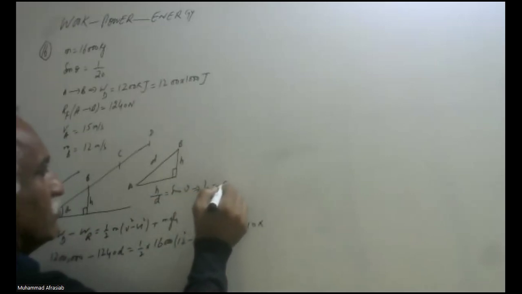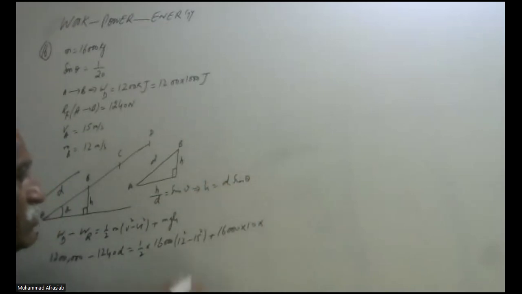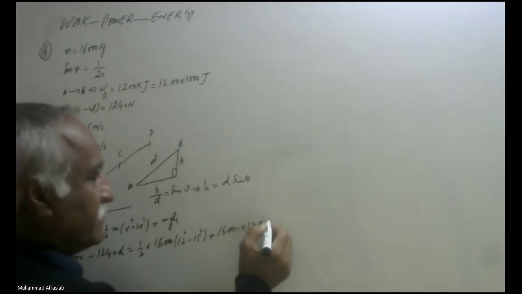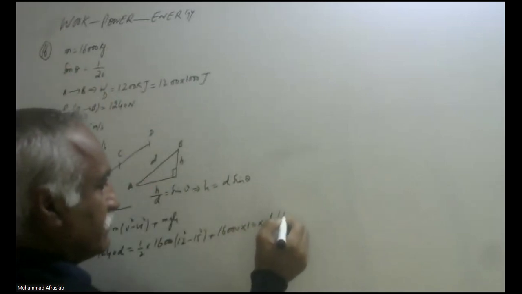We know from this, if this distance is d from A to B and this is the height h, then h over d is equal to sine theta, or h is equal to d sine theta. So we can put d as it is, and sine theta, whose value is given, equal to 1 over 20.